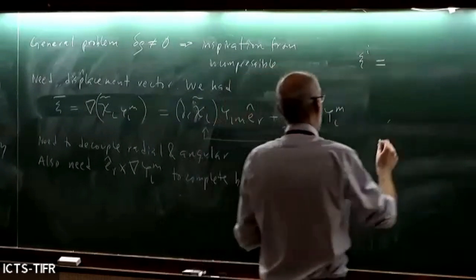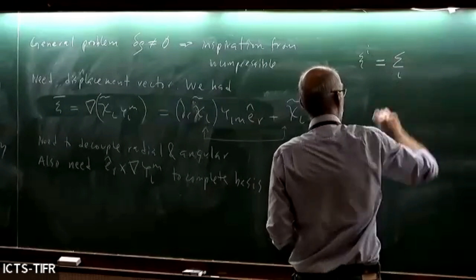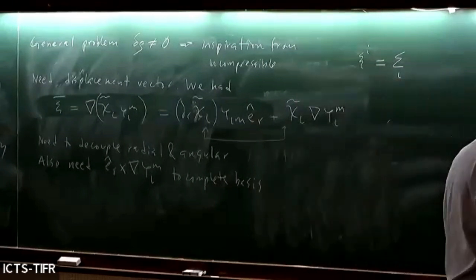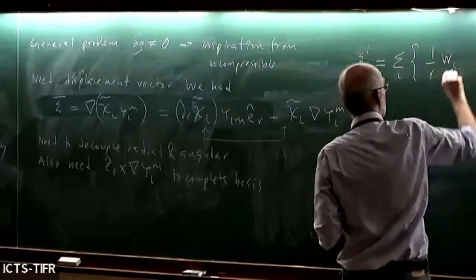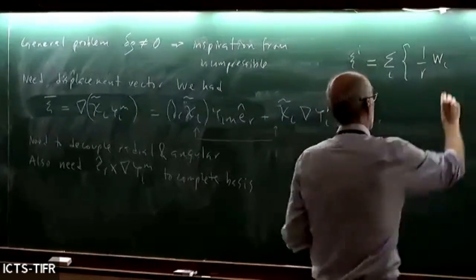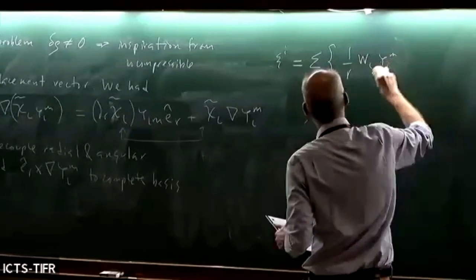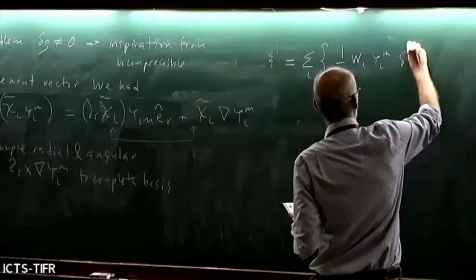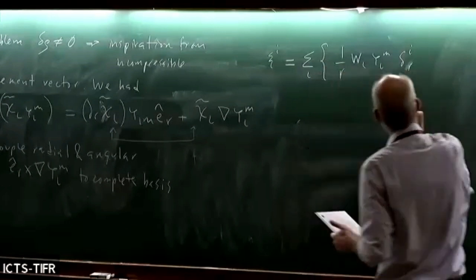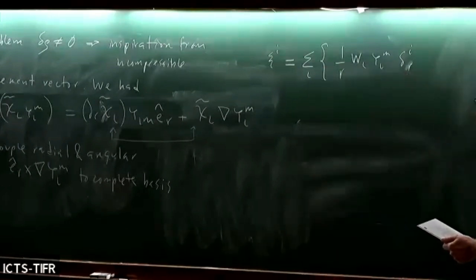This is, in general, some sum over all the L's. We have a radial piece with some functions W_L, and then the spherical harmonics. So that's this first piece. And then, because it's a vector now, I can do this, delta_ir. It's a component, right?